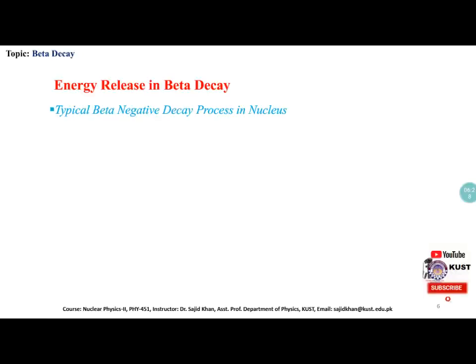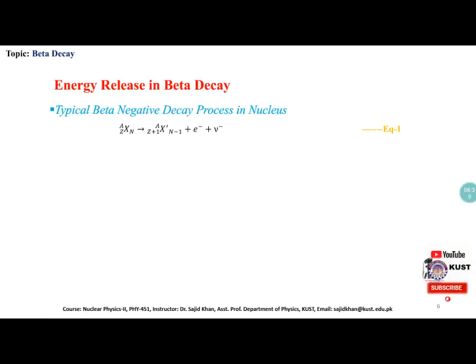So if we consider this process as a three-body process, then let's see how we can solve this spectrum of emitted electrons. First I consider the beta negative decay.